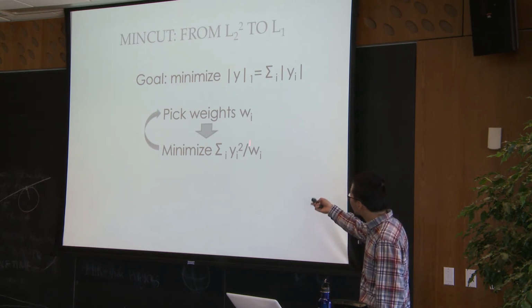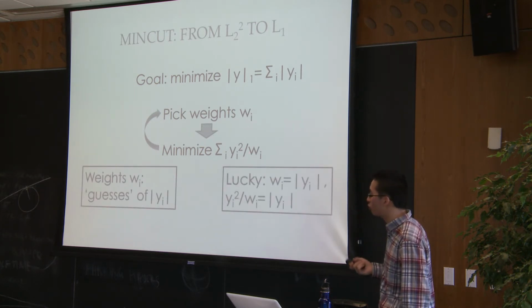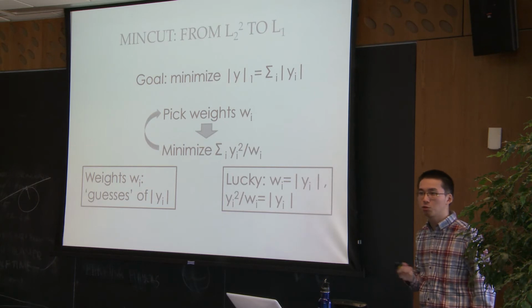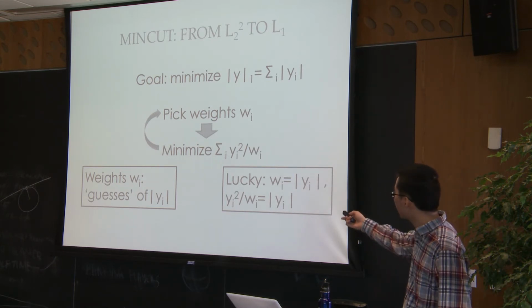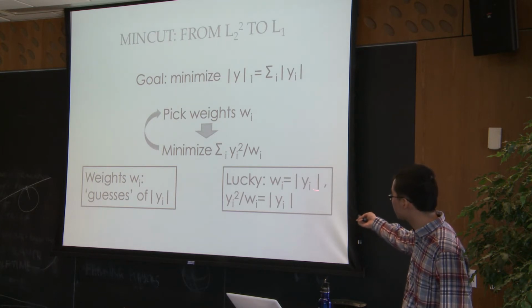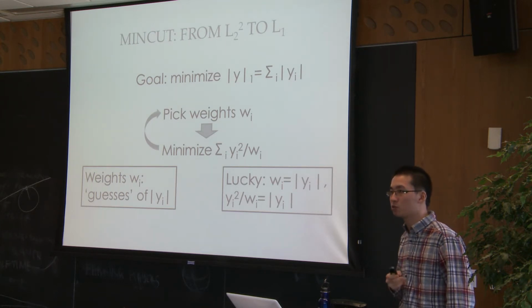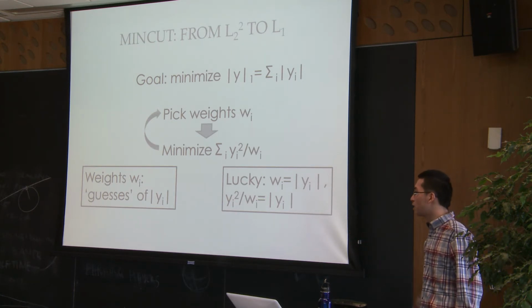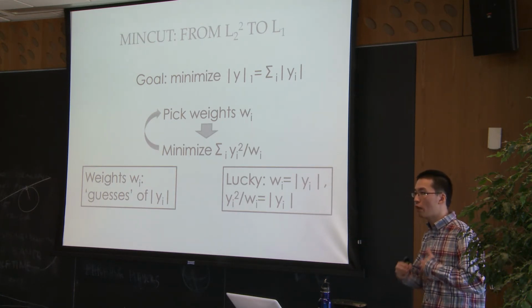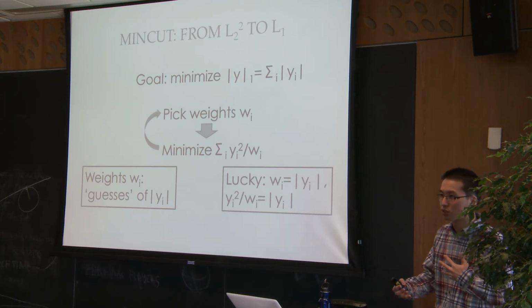And the reason these weights are useful is that they essentially serve as guesses on the absolute value of the yi entries. So notice that if you happen to guess them exactly right, the case where wi is equal to the absolute value of yi, you get that yi squared divided by wi is essentially just the absolute value. So if you do converge, you do get the right answer.